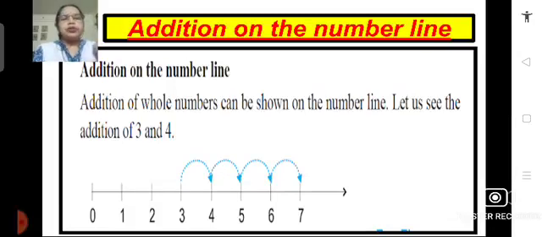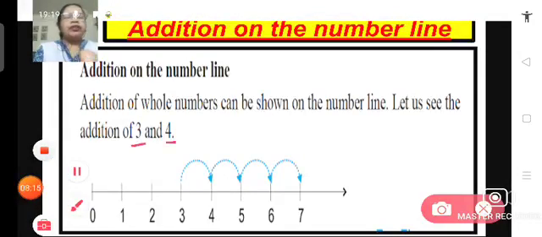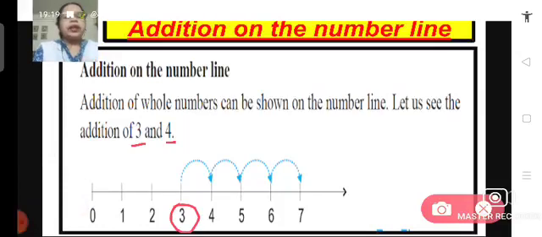For example, suppose we have to add 3 and 4. Then what do we do? On the number line, we start from 3. And since we have to add 4, we make 4 jumps of unit distance in the right direction.